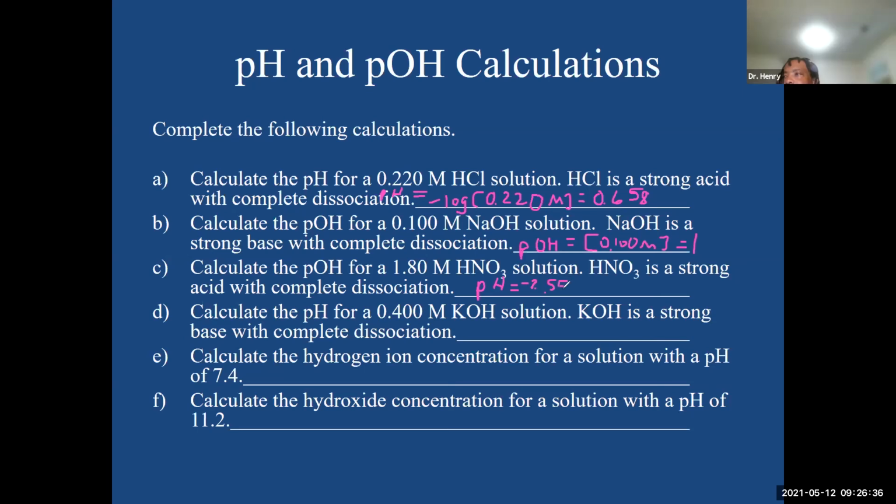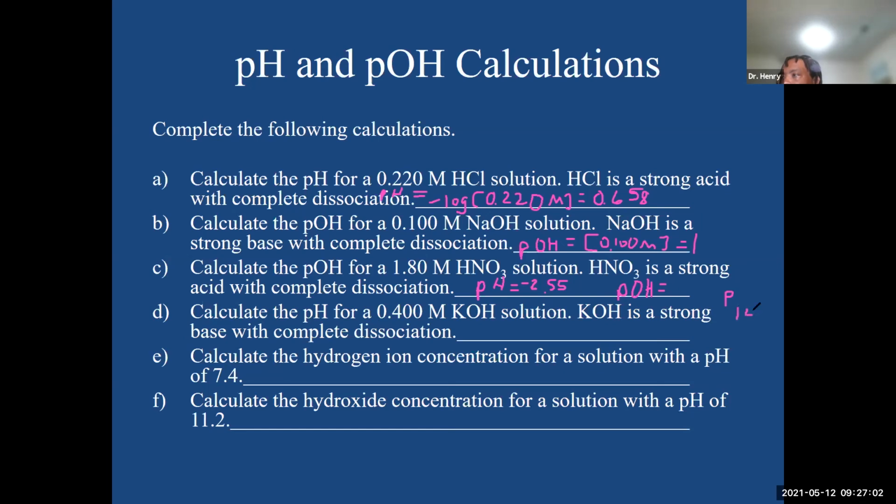So then what would be the pOH? What is the max that it can be? 14 or 7 for each, so 14 total. Okay, so then it could be 14.